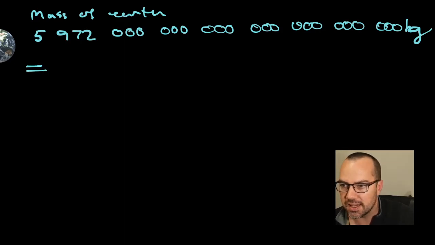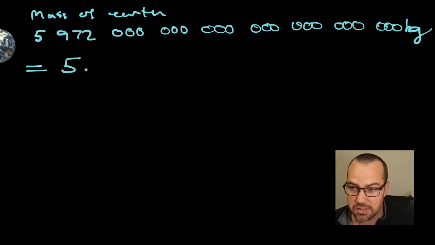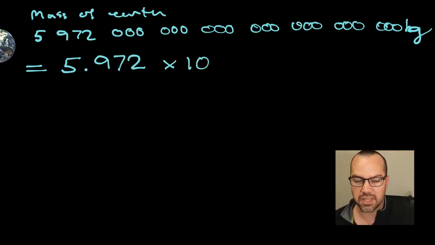So remember to write this in scientific notation. The number up here is equal to 5, so I pick the first digit, .972 times 10 to the power of something. You might think it's to the power of 21, and you would be wrong. It's not to the power of 21 because whilst there are 21 zeros, I have to include the 3 digits here.